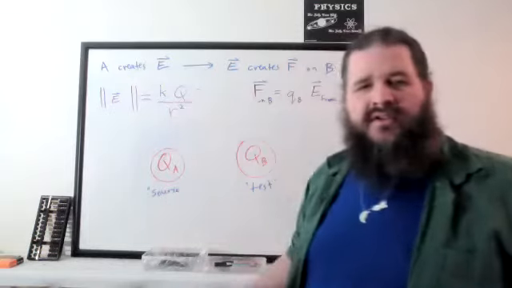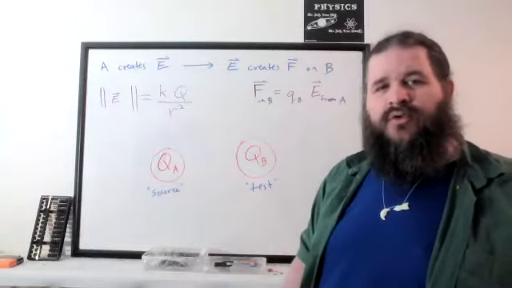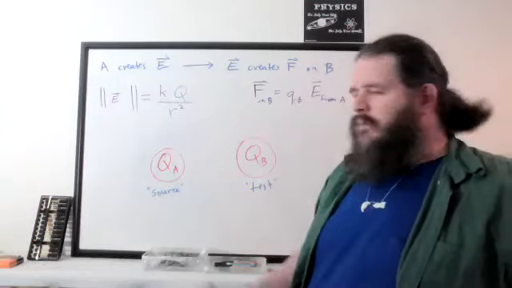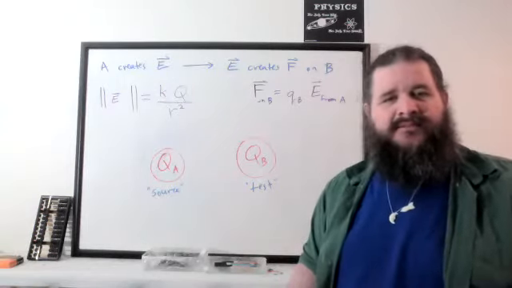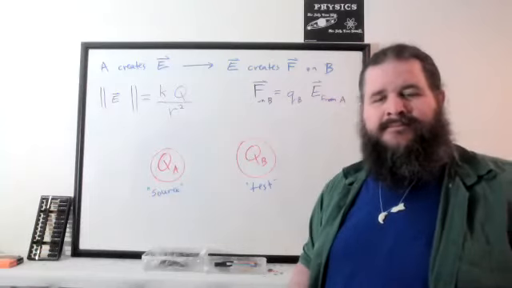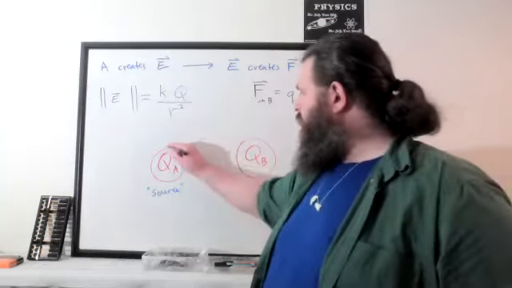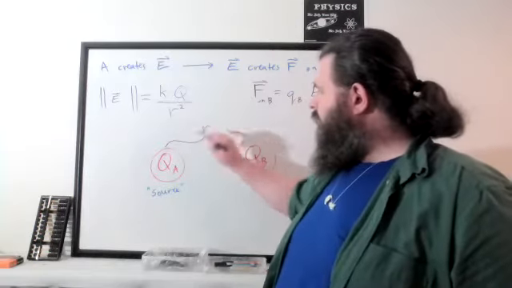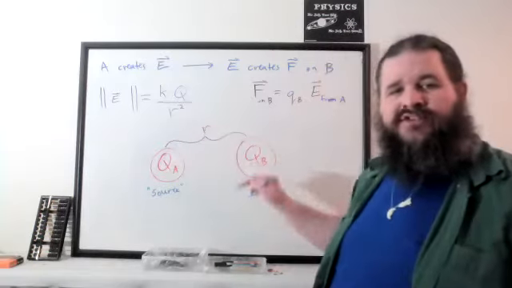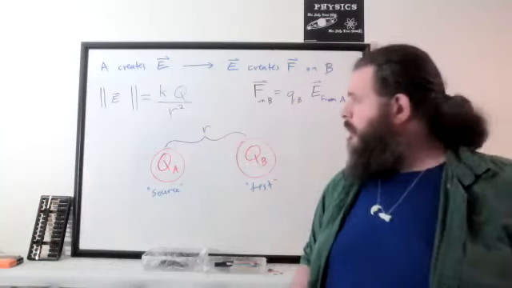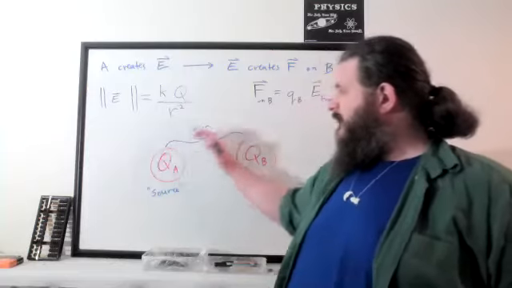So Q here is the charge of the source charge. And then R, what does R represent in this case? Yeah, the distance. Specifically the distance outwards from the source charge to the location of interest, which is typically going to be the location of some test charge. But R is just distance away from the source charge.